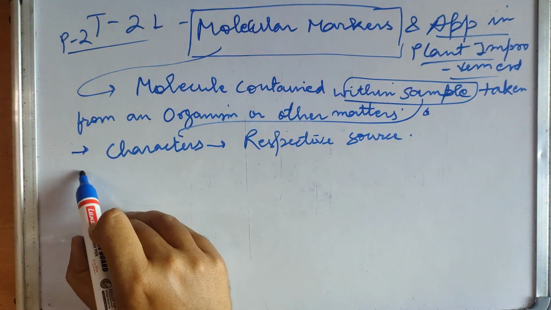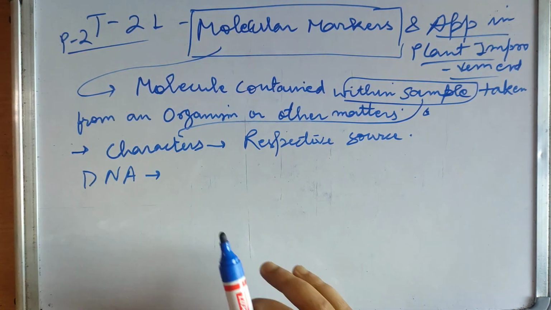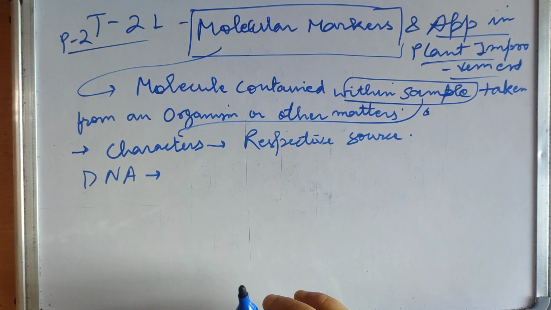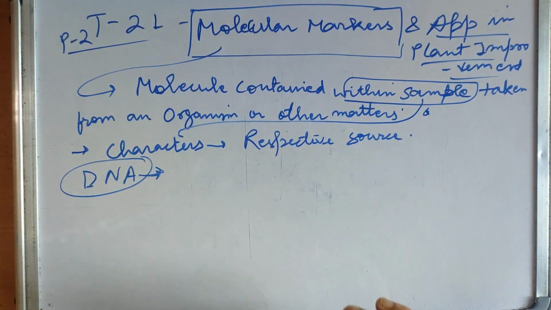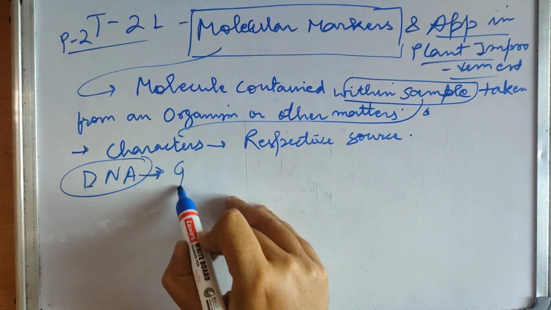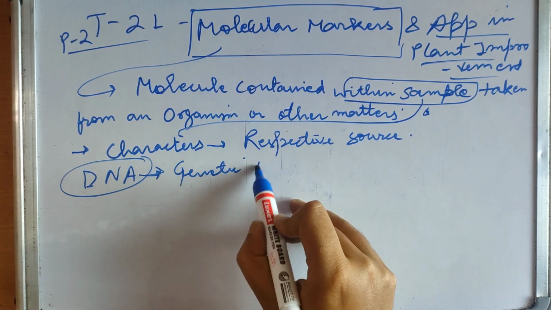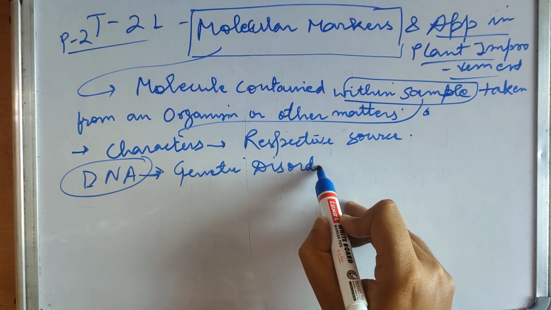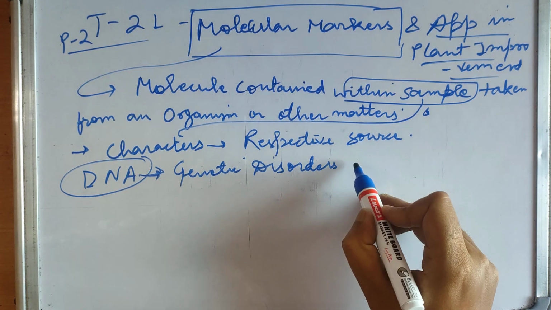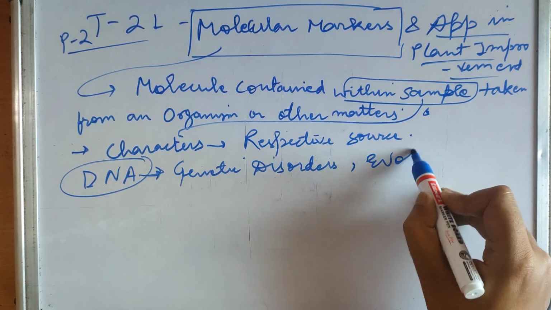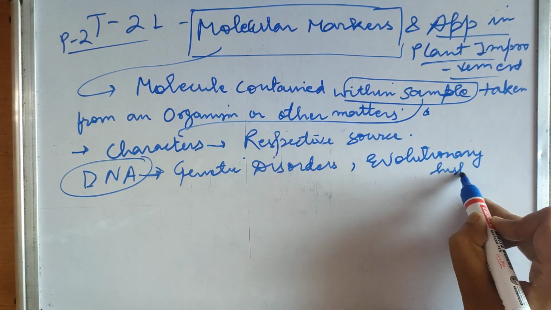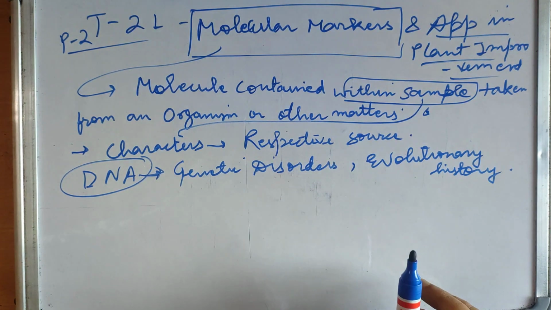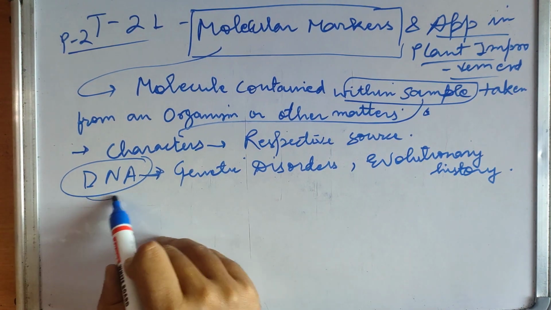For example, let DNA be a molecular marker. Then it will contain information about genetic disorders or evolutionary history, and also specific regions of DNA.